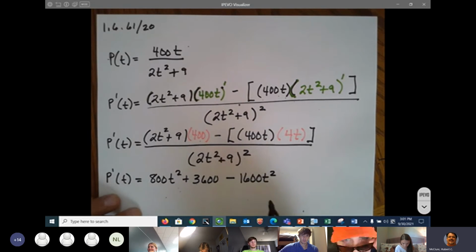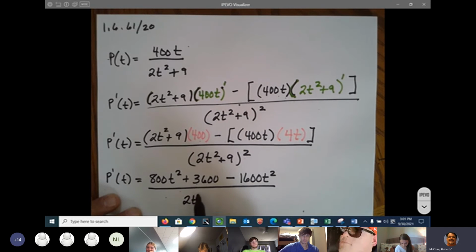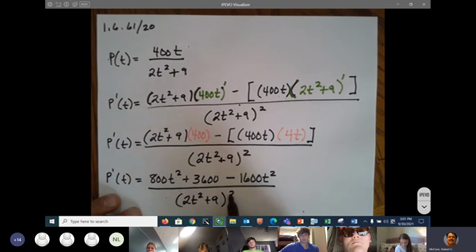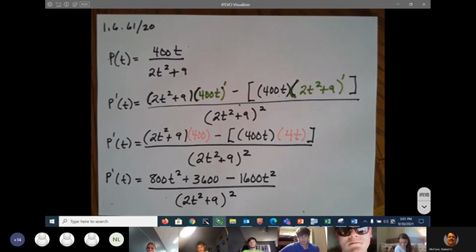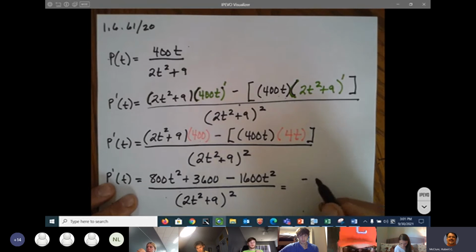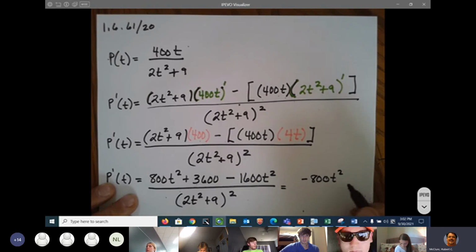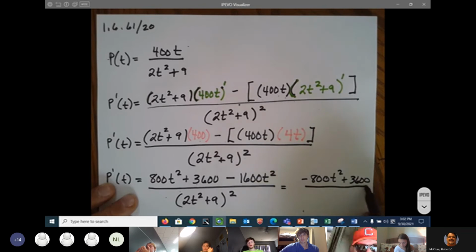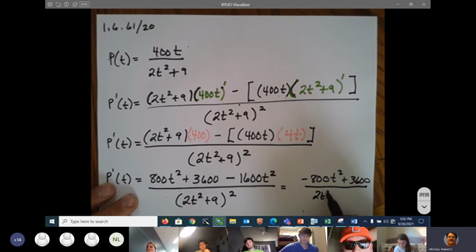And a negative, yeah. And what is 800t squared minus 1600t squared? Well, that's negative 800t squared plus 3600 over 2t squared plus 9 to the 4th power.